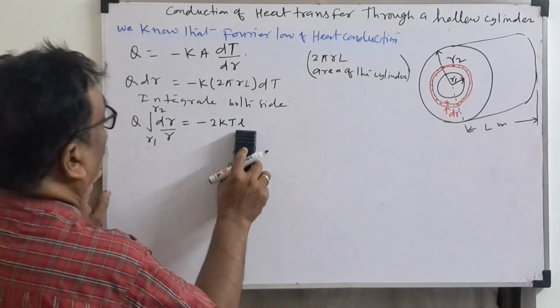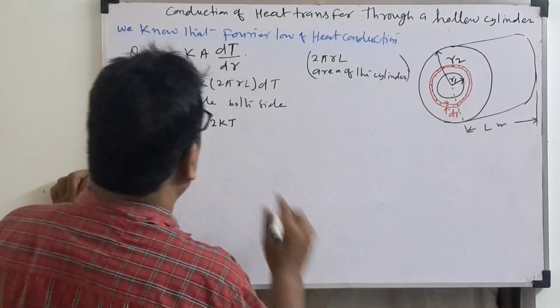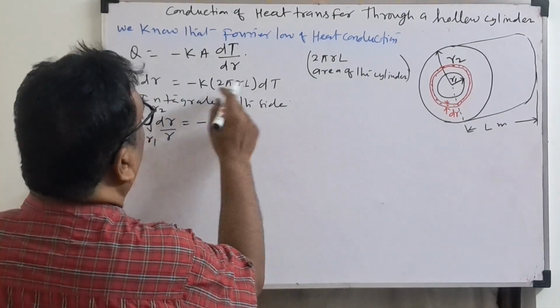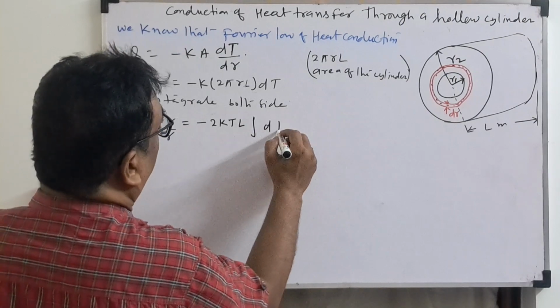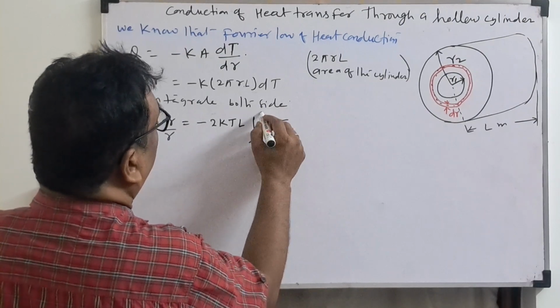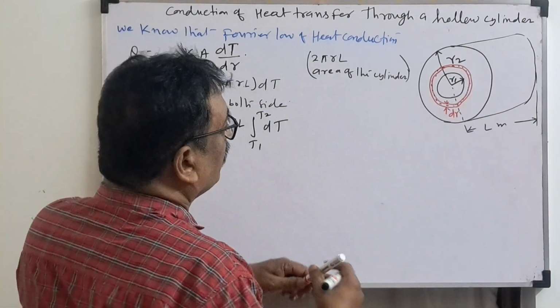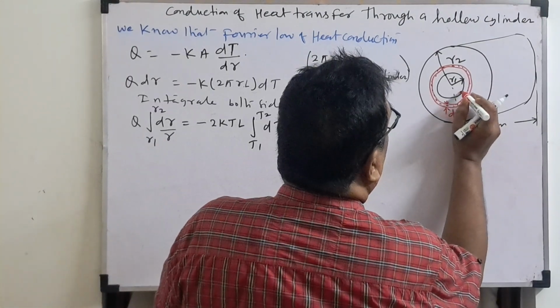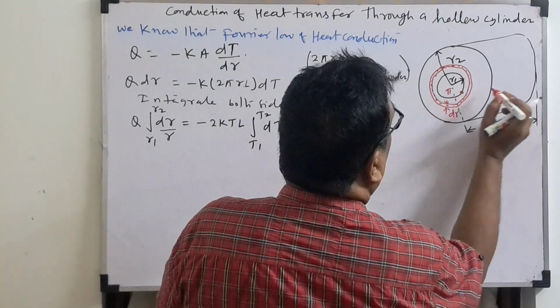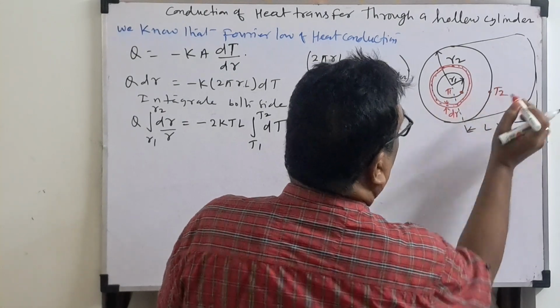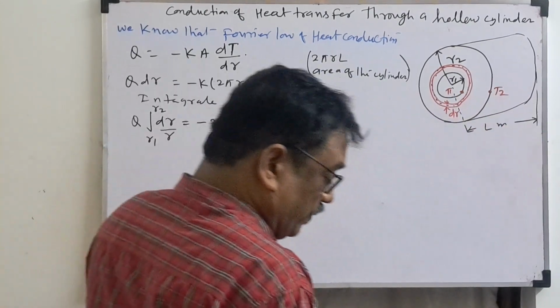That will be better. Capital L, then dT. What is the temperature limit? T1 to T2. The inner surface temperature is T1, and the outer temperature is T2. So we integrate temperature from T1 to T2.